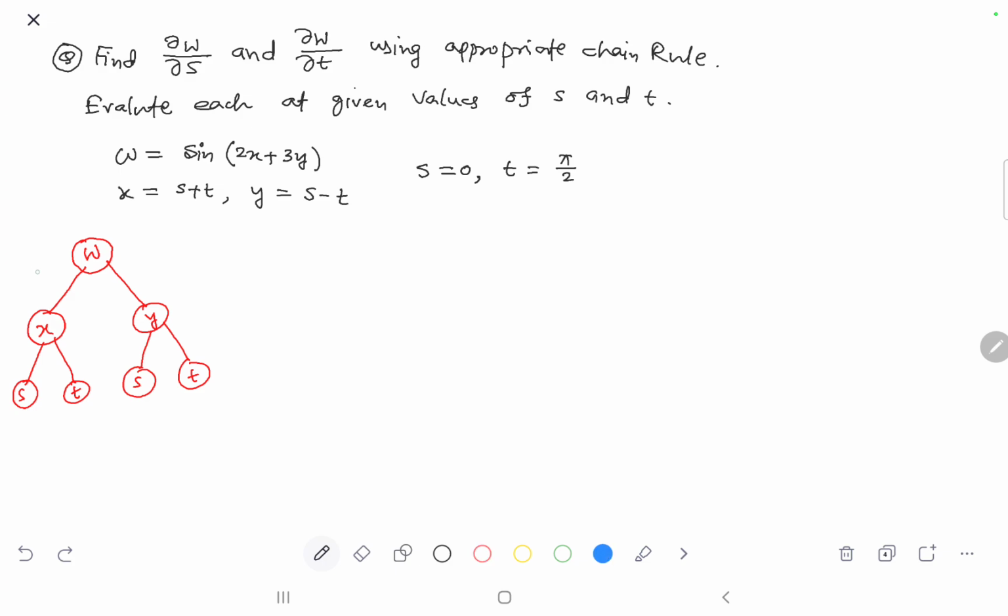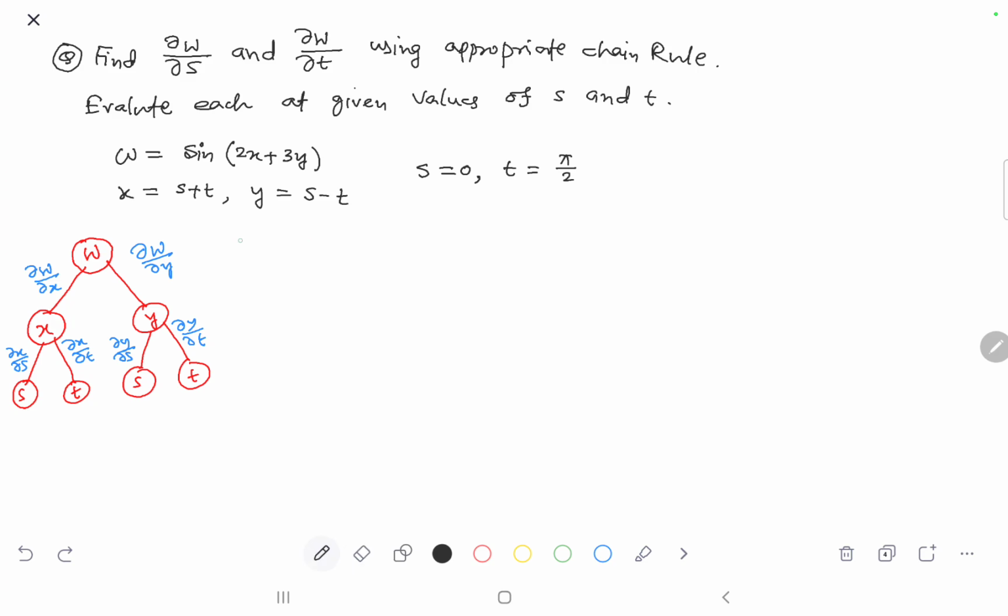So if you calculate, then it will be what? ∂w/∂x, and this way ∂x/∂s, ∂x/∂t, and this side ∂w/∂y, and then y is a function of s and t, so ∂y/∂s, ∂y/∂t. So if you calculate, what should we get? First, if we calculate ∂w/∂s, one thing I tell you, you first calculate everything you need.